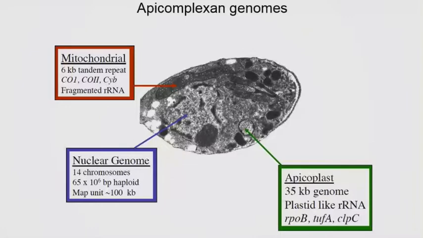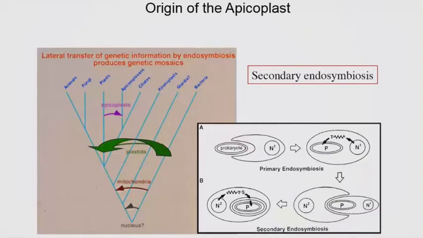But the apicomplexans, most of them, have an apicoplast. So this was, like the mitochondria, sequestered through an endosymbiotic event. But interestingly, it was a 2-stage endosymbiotic event. So there's a primary endosymbiosis with the ancestor algae that took blue-green algae, a prokaryote, to make the eukaryotic algae.